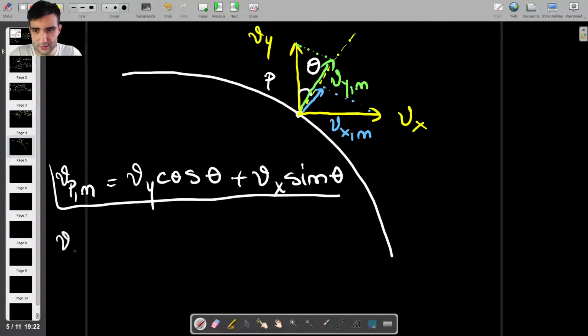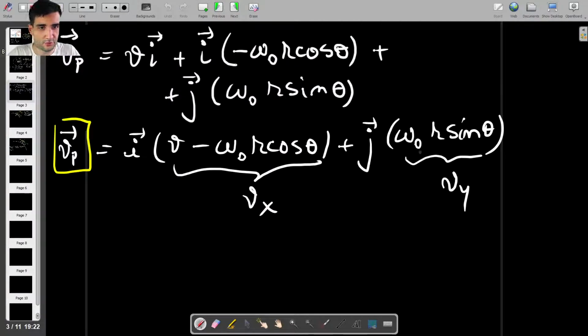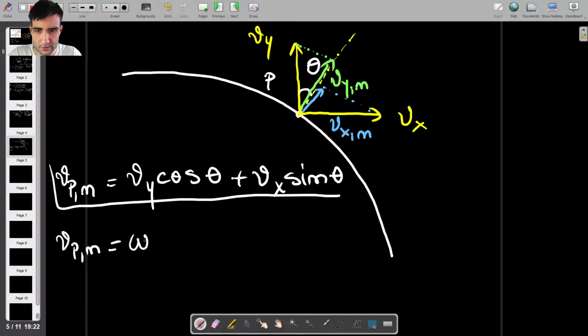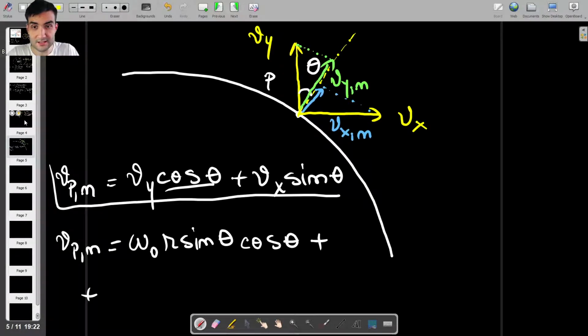And let's see what this is. So Vp in the normal direction is going to be equal to Vy, which is what we found previously: omega naught r sine theta, and then don't forget the cos theta. Plus Vx sine theta.